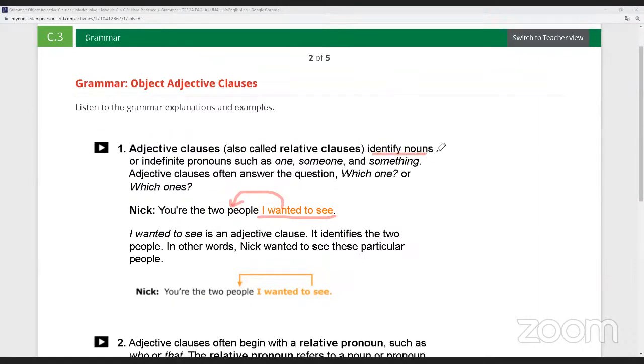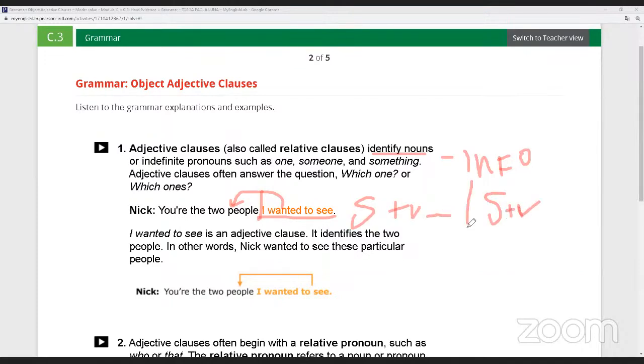So that's the first use, right? It is going to help us to identify nouns. More than that, the second purpose of the adjective clauses is to provide more information, right? How are you going to identify it? We identify the sentences when there's a subject and verb, and then a complement, and then again we have a subject and a verb.